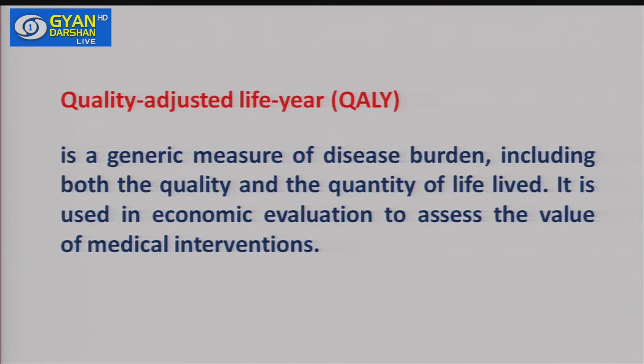And therefore, there are terms like quality adjusted life years. You must know, learners, this concept, what is disability adjusted life years and what is quality adjusted life year. So quality adjusted life year simply explains how, because of improvements in the environmental conditions, what value addition has been there in the quality and quantity of life which has been lived.